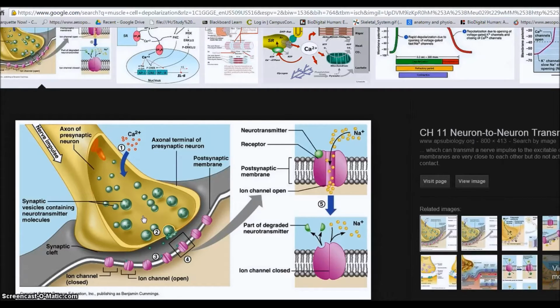In the case of a neuromuscular junction, the chemical that's in these vesicles is acetylcholine. And acetylcholine is the chemical that is then released when the action potential gets to the end of this neuron. It's released, travels across the synaptic cleft, and stimulates an action potential to start on the muscle cell.